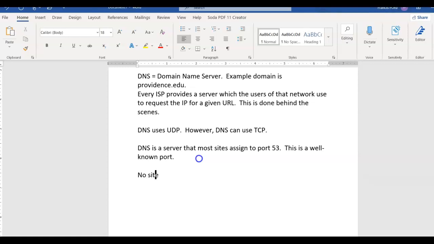No site on the web has all the addresses, all the IP addresses. What we have is called a decentralized directory.